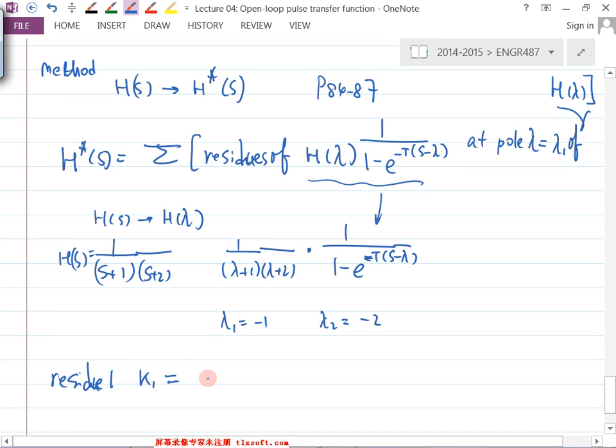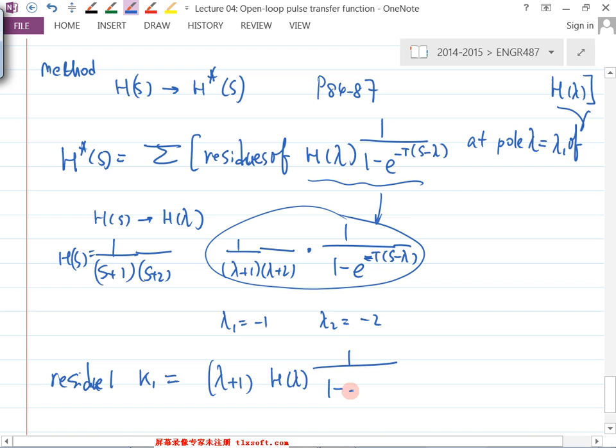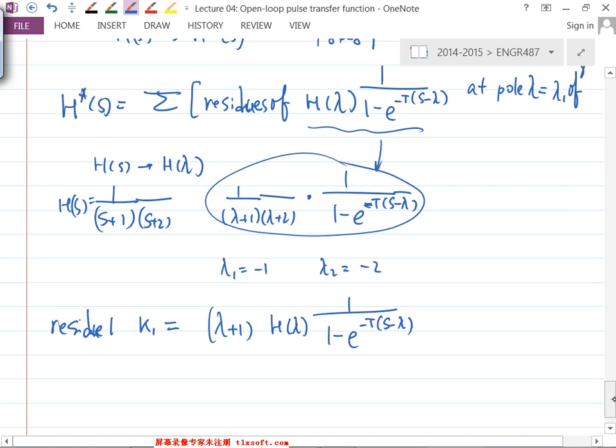In this case, you're talking about the residue corresponding to this one here. So what you do is lambda plus 1 times this whole chunk, times h of lambda 1 over, like this. So you cancel this lambda plus 1, and then you let lambda equal to -1.